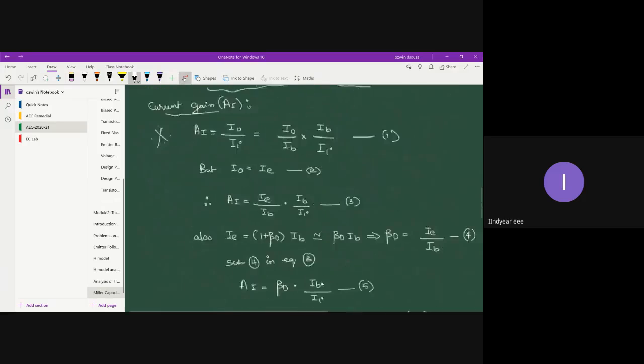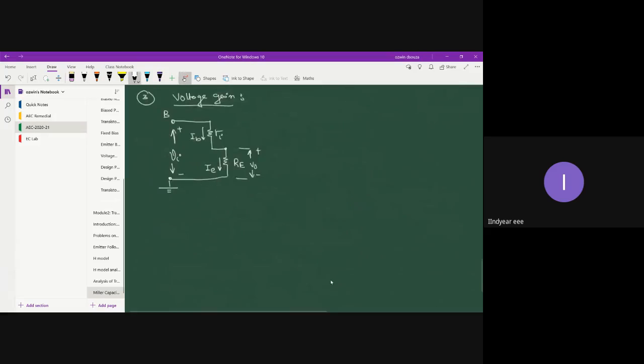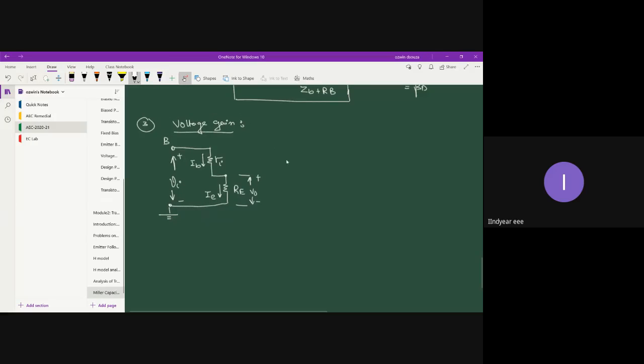So the same thing I have shown in the equivalent circuit as well. Therefore you can write V naught is equal to current into resistance, that is IE into RE, or IE is 1 plus beta D times IB into RE. So let's say equation 1.